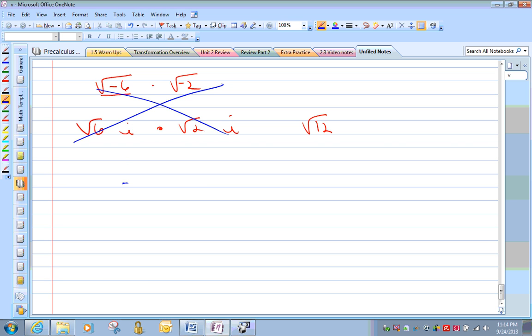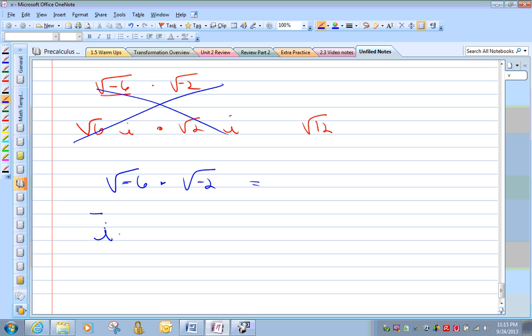We have the square root of negative 6 times the square root of negative 2. So if we do those together, we're going to pull out our negative, and we're going to take out that negative and replace it with an i.